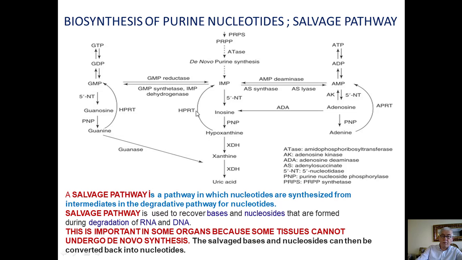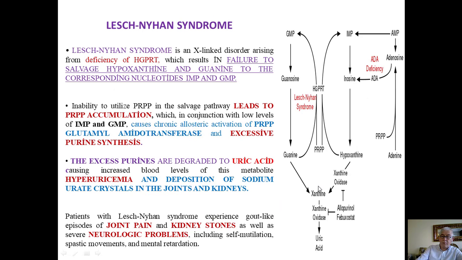And if you block this enzyme, hypoxanthine guanine phosphoribosyl transferase, you block all the products, and you cannot produce AMP and GMP. Hypoxanthine and guanine must go to xanthine and uric acid, and in this case we have a very dangerous problem called Lesch-Nyhan syndrome.